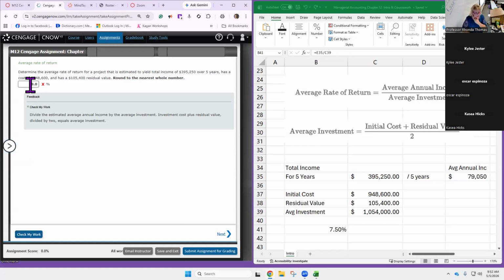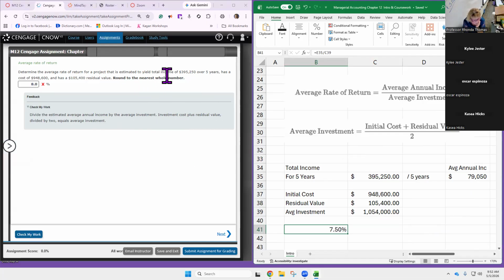Hold on. Let's see what's happening here. 948,600 is the initial cost, residual value, and there's the average investment. So let me see, divide the estimated average annual income by the average investment. Yes.